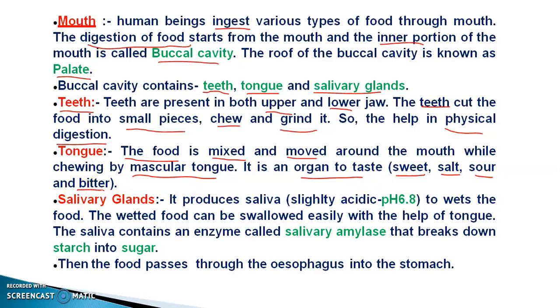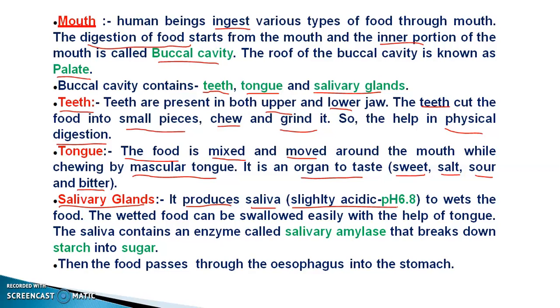After the role of the tongue, now the salivary gland starts its own important role, because this salivary gland produces saliva. This is a digestive enzyme, and the pH value of this saliva is slightly acidic, 6.8.